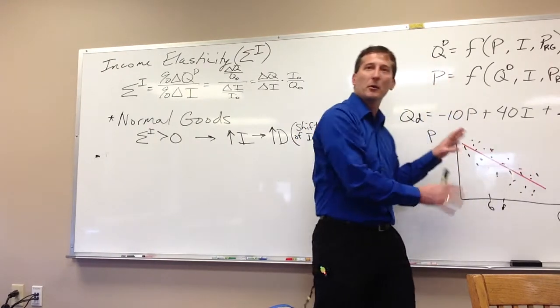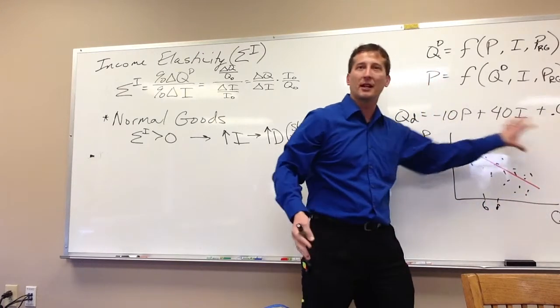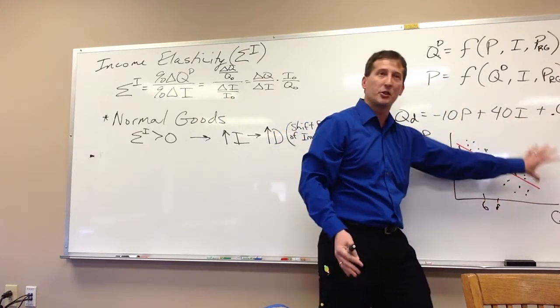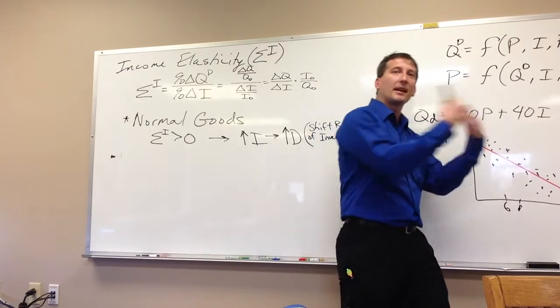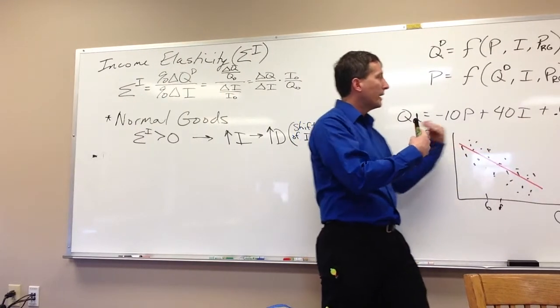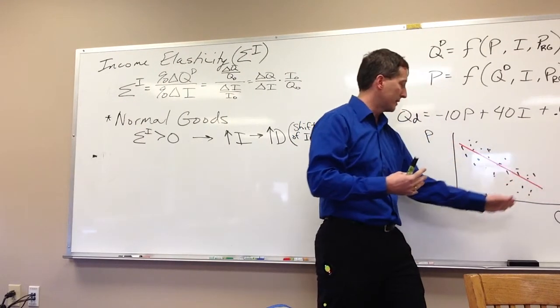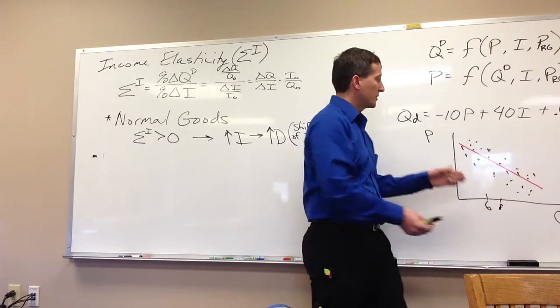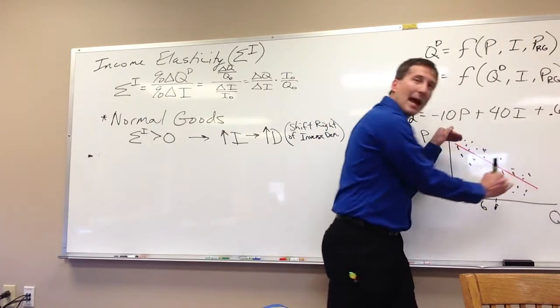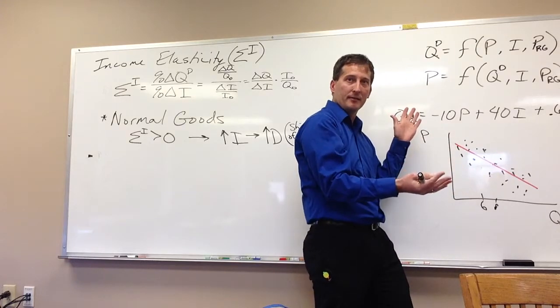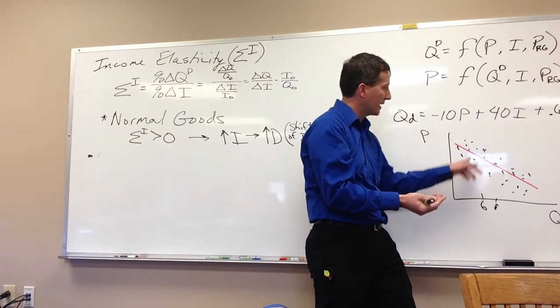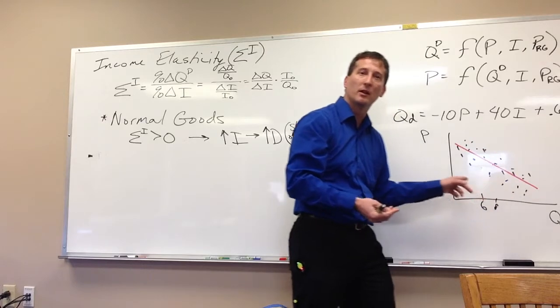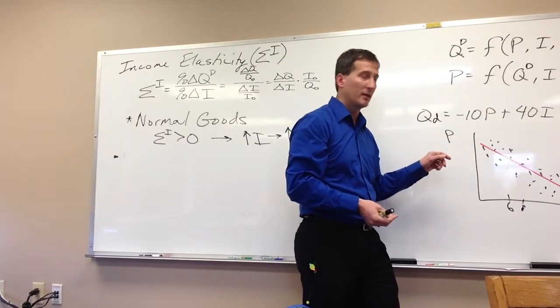Now we're looking at the market demand curve, the collective behavior of a whole bunch of individuals, and we can start to make inferences about how income influences purchases of this good. So there's my estimated market demand curve based on the collection of a whole bunch of individual behavior.